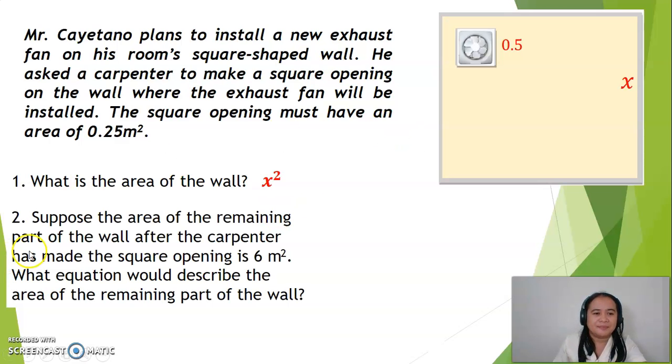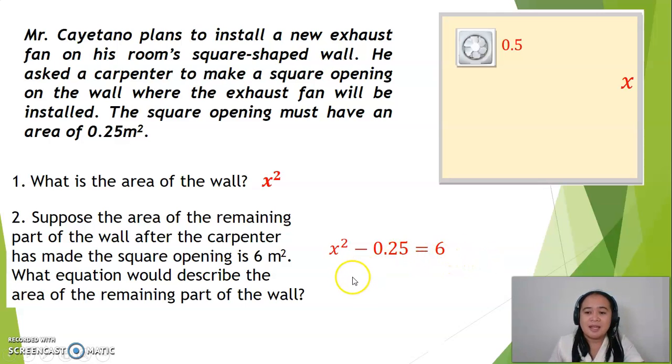Another example. Suppose the area of the remaining part of the wall after the carpenter has made the square opening is 6 meters squared. What equation would describe the area of the remaining part of the wall? So with this one, the result is x squared minus 0.25 equals 6.